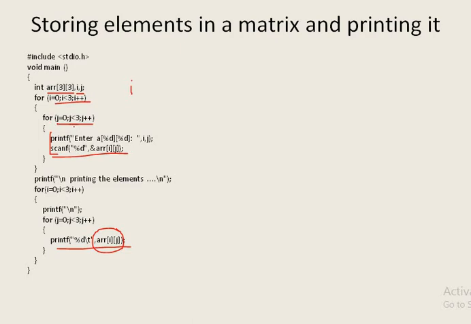So here you can see, enter a of %d %d, i j. Some value will be displayed: enter a at, where i value is initialized with 0 and j value is also 0. So you have to enter a value into this array element. Let us enter it as 0.